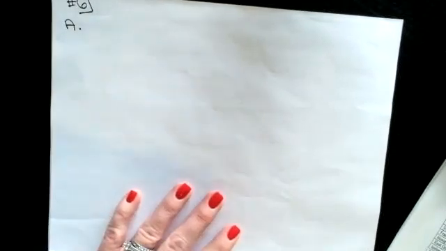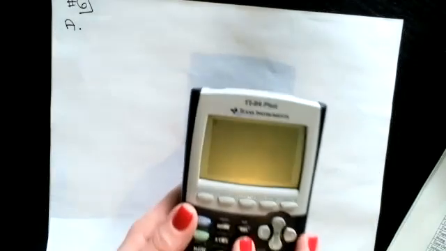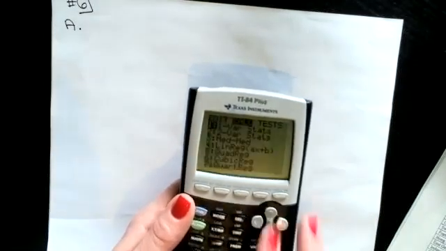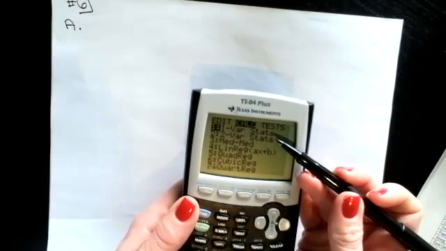So the first thing I need to do is take my data here and plug it all into my calculator. So stat edit for your list, and then plug all those values into your calculator. Once you're at that point, you will go to stat calculate, the very first option, one variable stats.